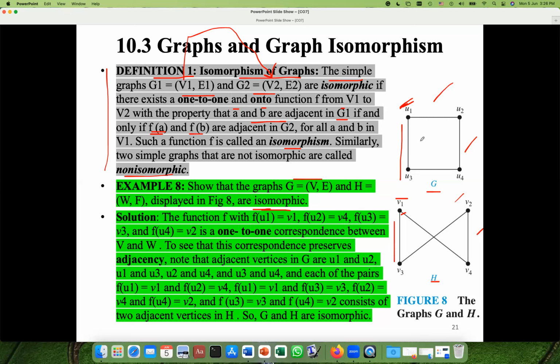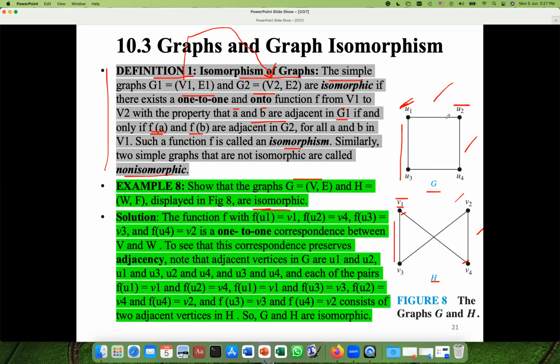Then f of U2 would be what? Here, U2 and U1 are connected. The vertex for U1 is final, that is V1. Now we are working on U2. U2 is connected with U1, and here this one is connected with V1.